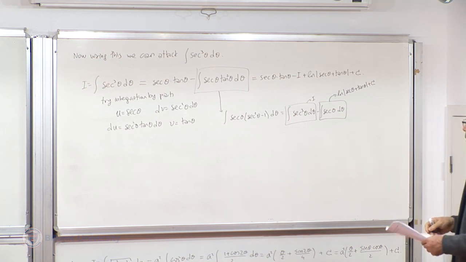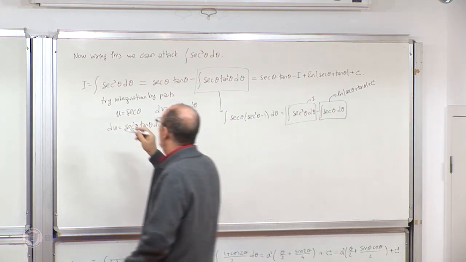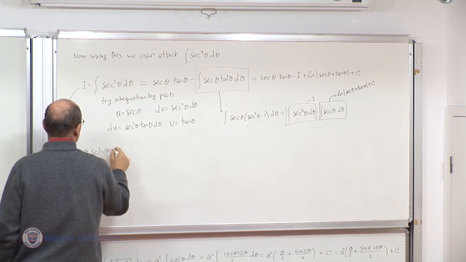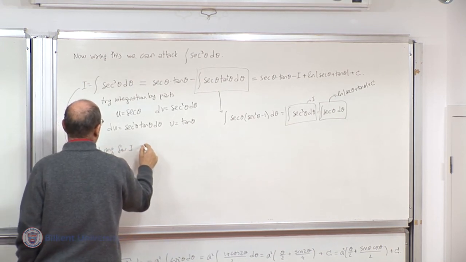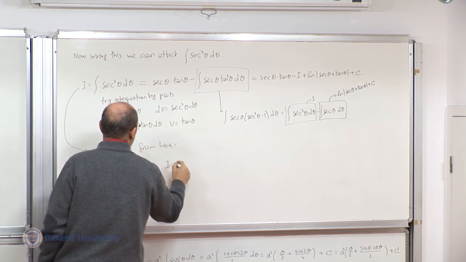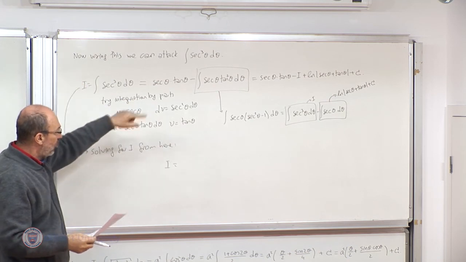So I take I to the other side. 2I is equal to this expression. Solving for I, we get 2I equals that expression.